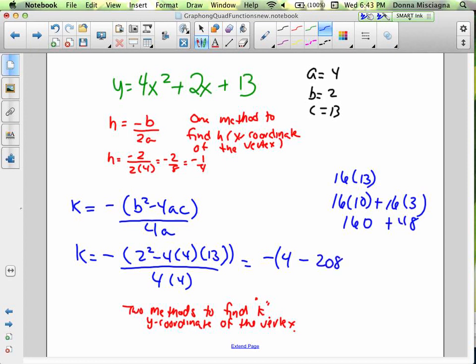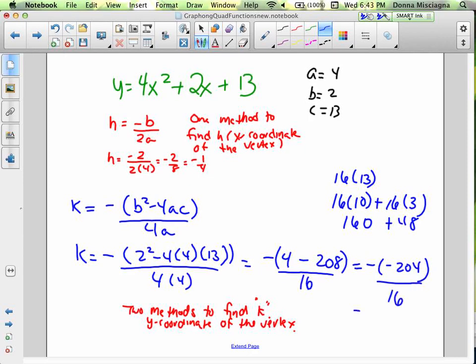Maybe I'll check it after this podcast. All right, so we have negative 4 minus 208, all divided by 16. So that's going to give us negative 204 divided by 16, and now we'll just reduce that.